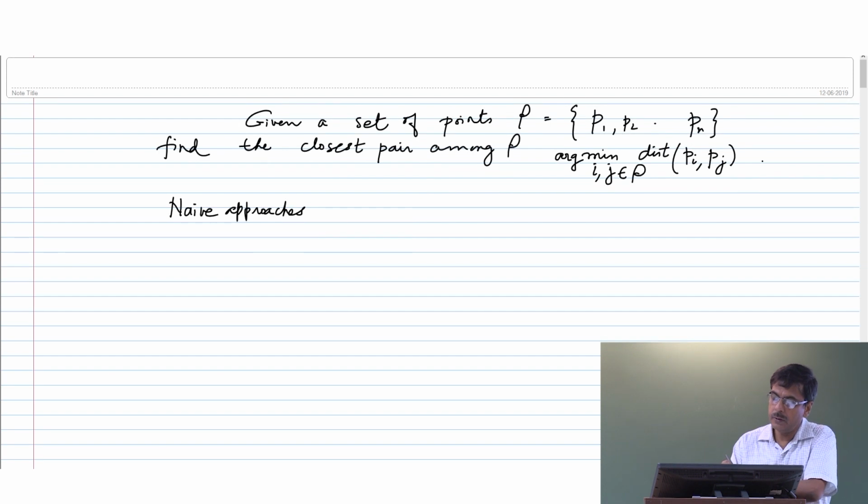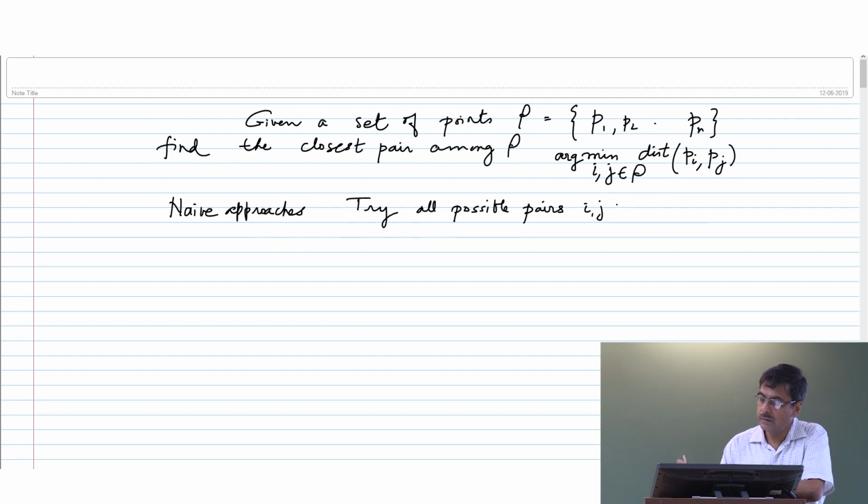So naive approaches would be what? Try all possible pairs i, j, which basically means n choose two distance computations, right?